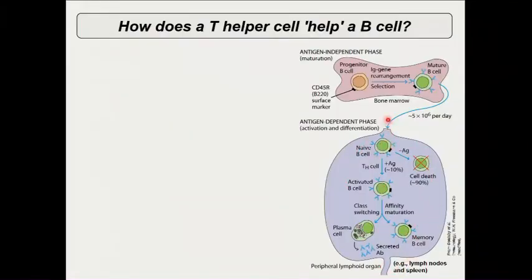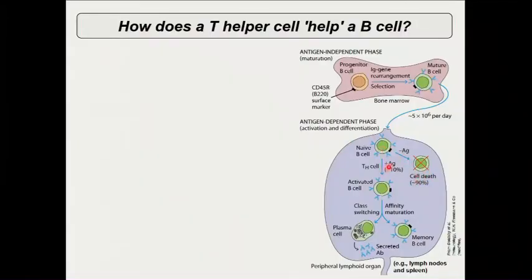So we have these naive B cells that are coming in here. They're randomly produced in the bone marrow. And you have a huge diversity of those, but only a very low copy number, potentially just one cell. And if they don't find an antigen, nothing will bind them. These poor cells die, and that happens to 90% of them.